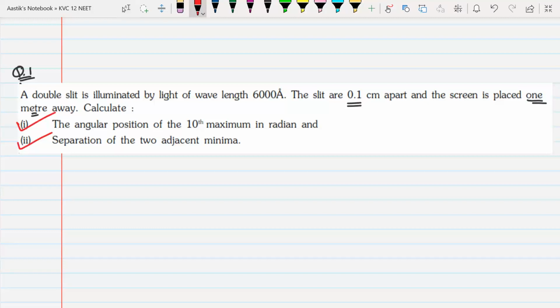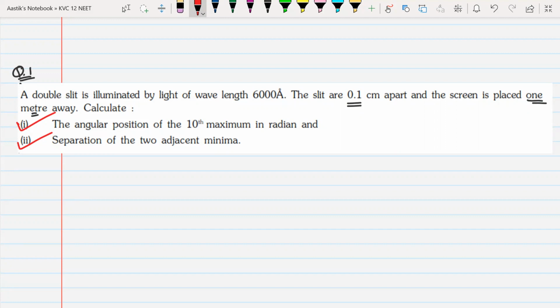Yes? 6 into 10 to the power of minus 3. Let me look at the answer. 6 into 10 raised to the power minus 3 radians. That is correct. Well done.